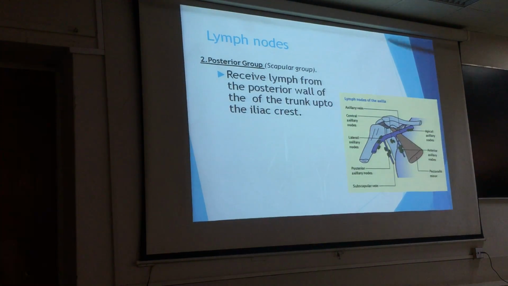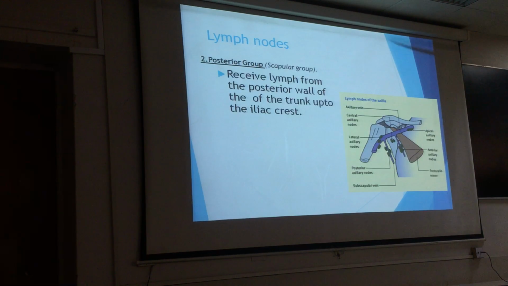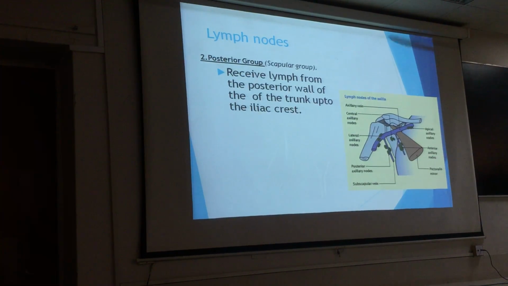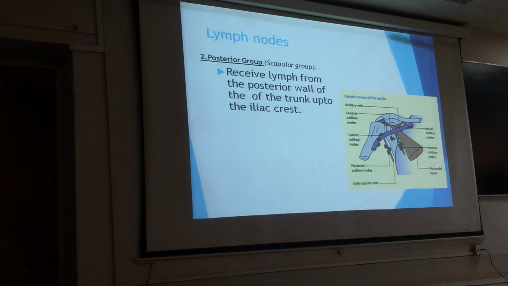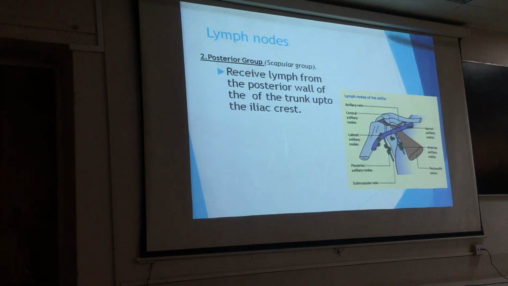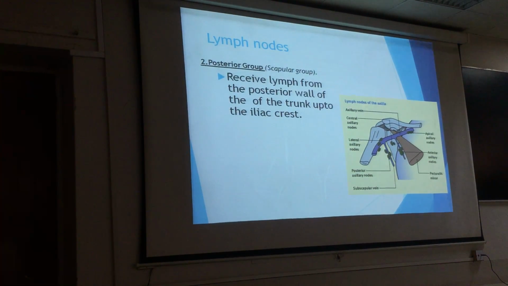This posterior group, when we are going to the scapular region, is actually coming out of the appendicular part. Now we are going toward the axial skeleton. When we go to the axial skeleton, it also includes the part of the trunk from behind. And there has to be a limitation of how much area is draining into your posterior group.